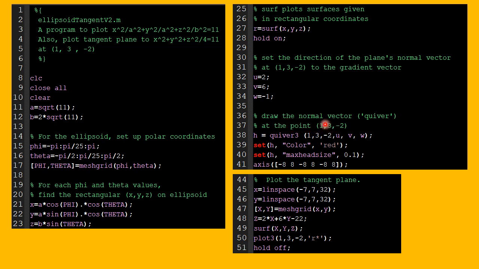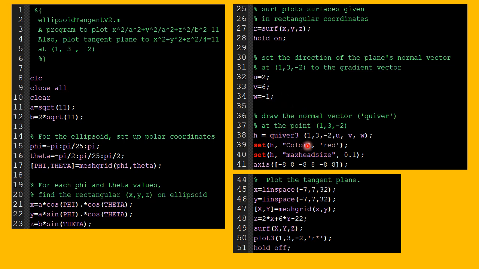Since we're doing a three-dimensional version of an arrow, in 3 space, we'll have to use the MATLAB or Octave function quiver3. So h will be equal to quiver3 of 1, 3, minus 2, that's where the arrow starts, and then u, v, and w tells us the direction of the vector given by these components, which were the gradient of our function.